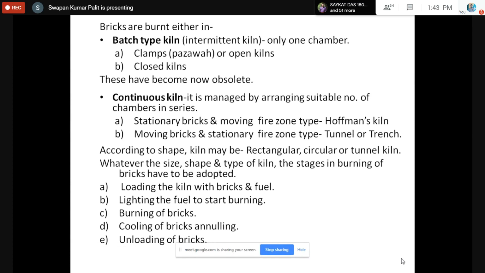So what are the steps? These are the only steps for brick burning, the different degrees of brick burning. You can see on the screen there are 5 steps.